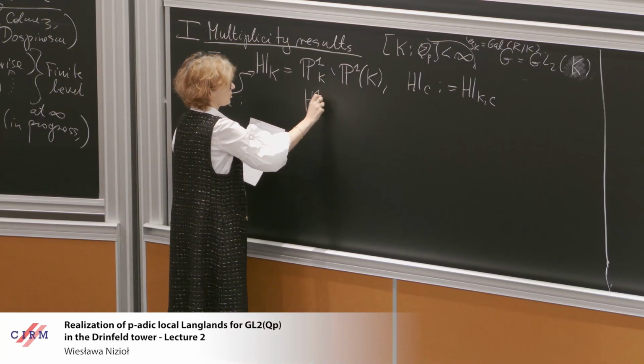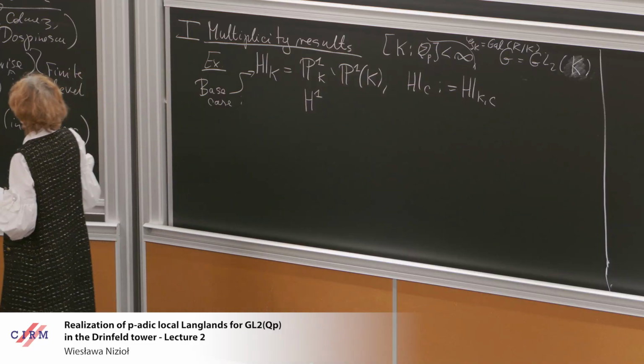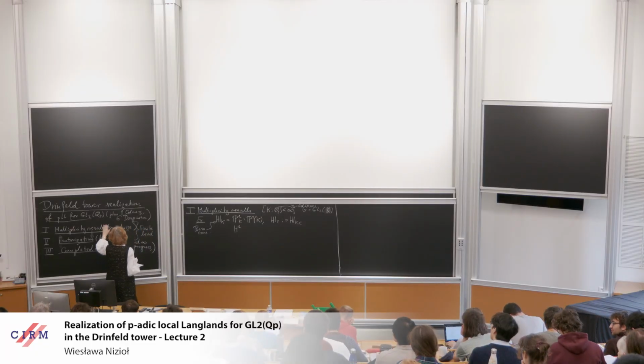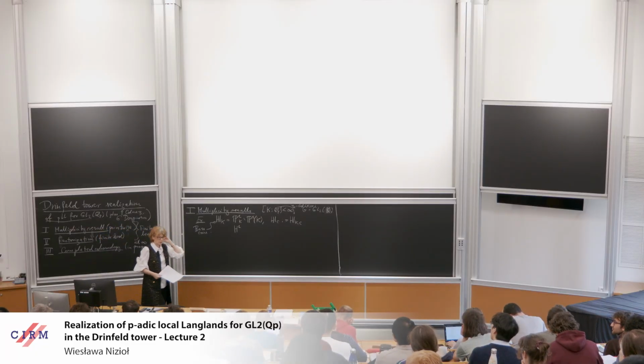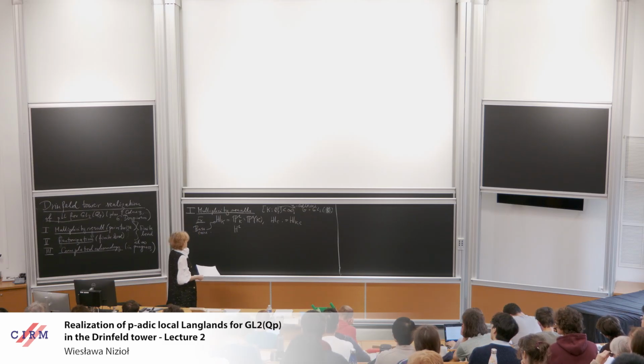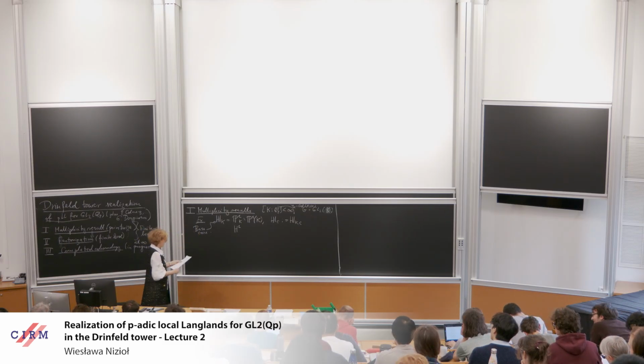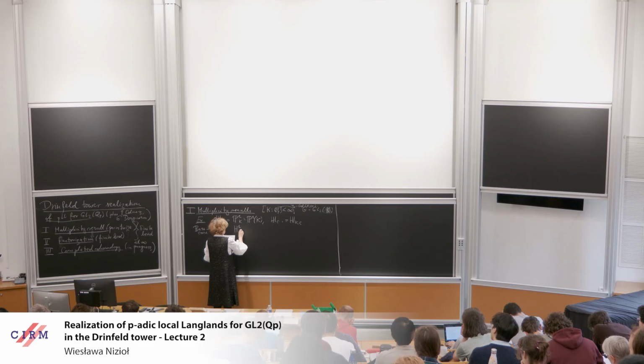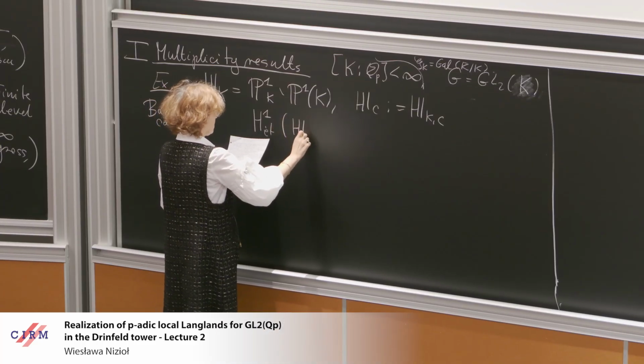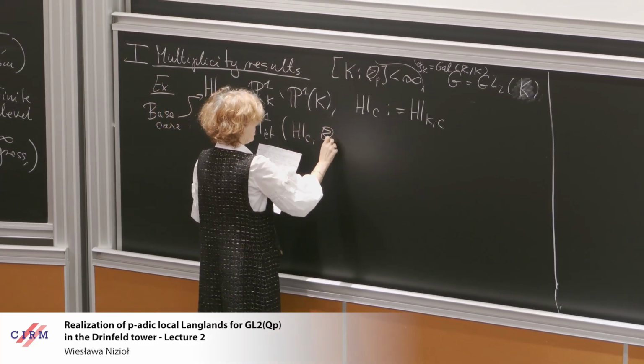we have the following computations. We are interested here in finding realizations of p-adic local Langlands for GL_2(Q_p) in the etale cohomology of this tower. So if you look at the etale cohomology, that was the first computation we did.